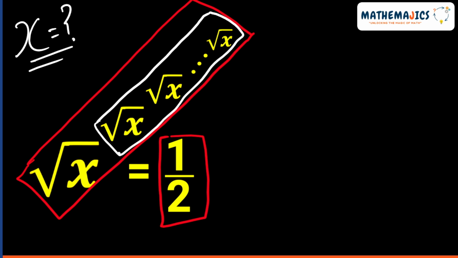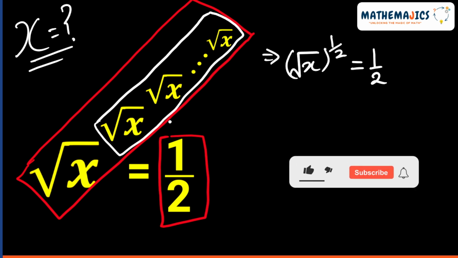That means we can rewrite this power as half. So let's rewrite this. We can rewrite this as root x raised to power half, because this was similar to the original question that is given in the red part. So the value of this endless exponential power is also half. This is equal to half, correct?